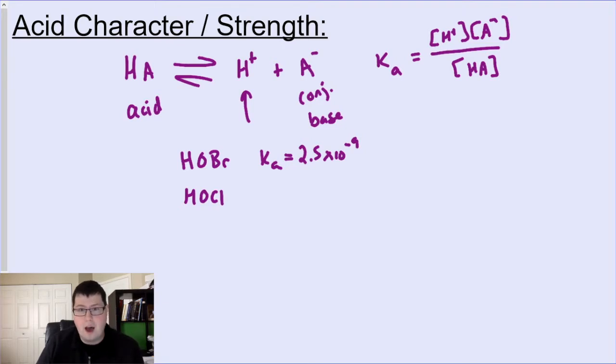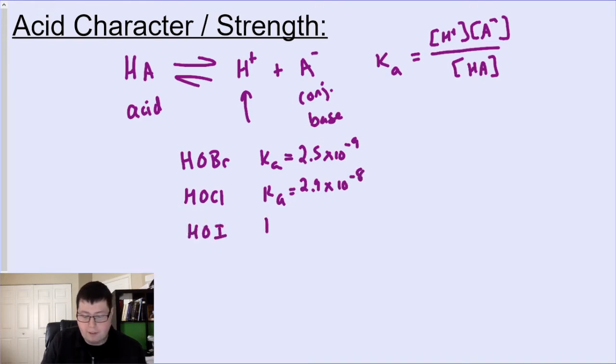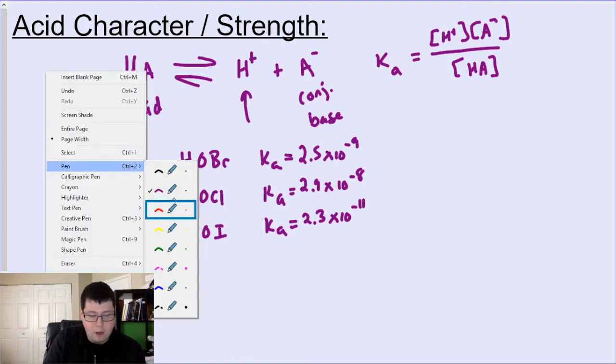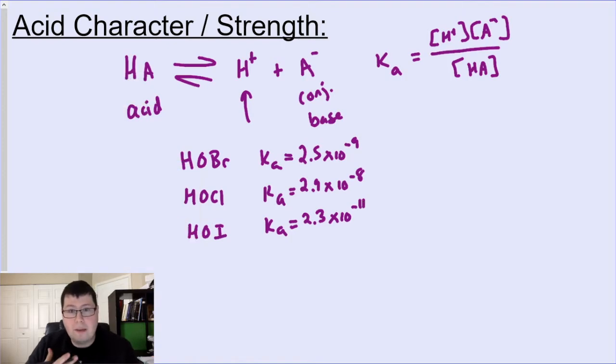That's the acid, the analog of hypochlorite, which is in bleach, and its Ka looks like it is 2.9 times 10 to the minus 8th. And then finally, we're going to look at hypoiodous acid, HOI, and it has a Ka of 2.3 times 10 to the minus 11th.